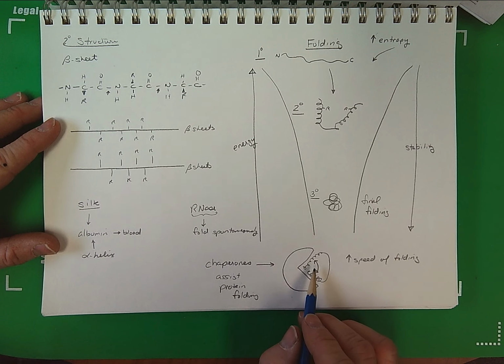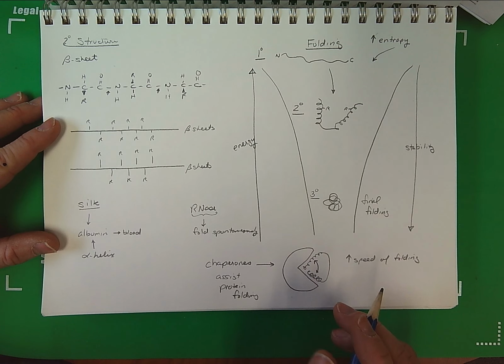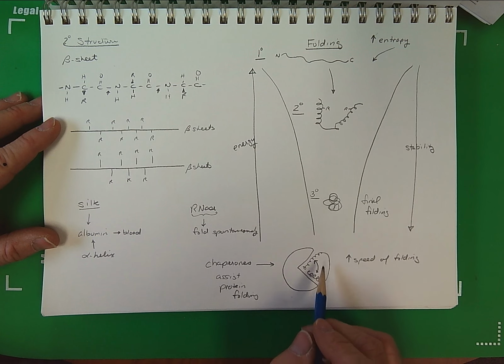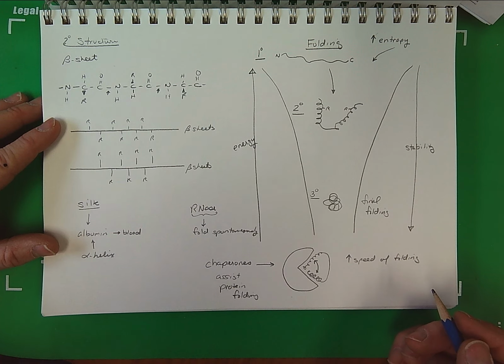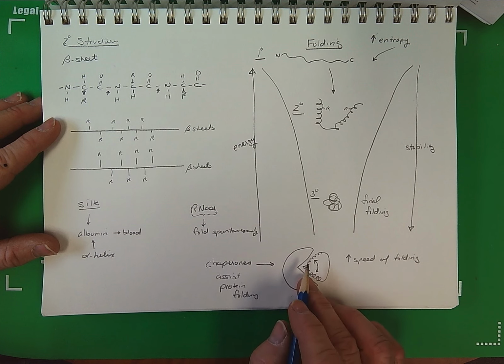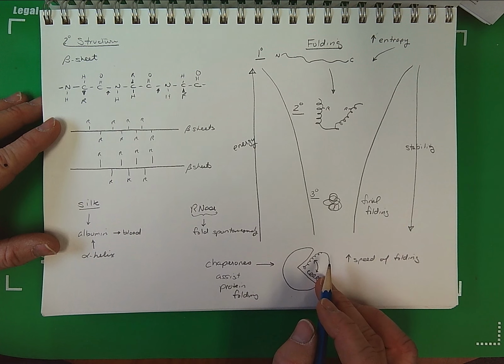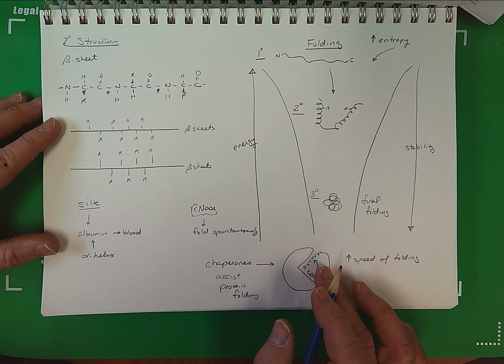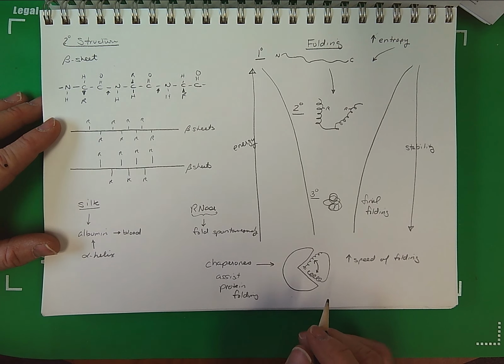If these were to find themselves through mass action, it could potentially take hours, days, weeks to find the lowest energy form, the most stable form of the tertiary conformation. But the chaperone acts as a catalyst to bind secondary structures and bring the appropriate secondary structures together, which increases the speed of folding.